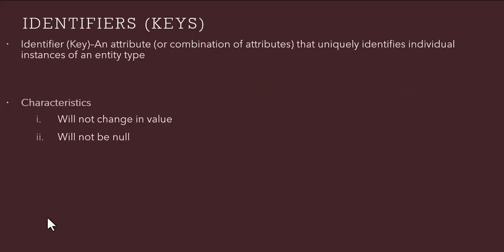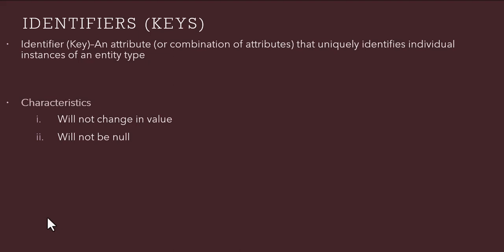Now we have identifiers, or we can say key, simple key. An identifier or key is an attribute or combination of more than one attribute that uniquely identifies individual instances of an entity type.